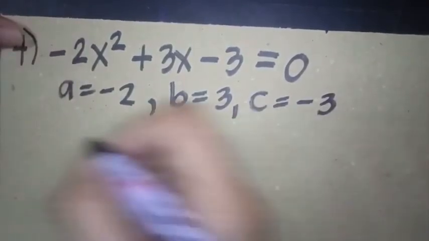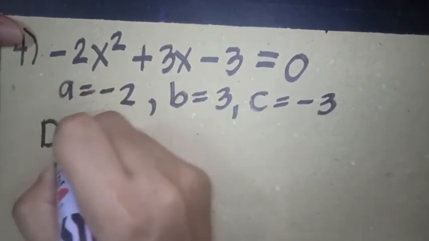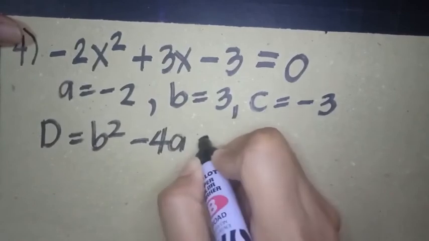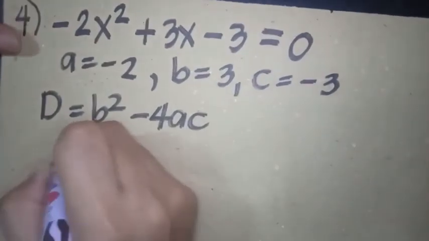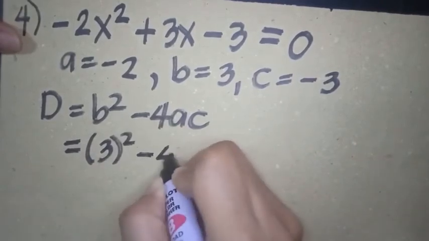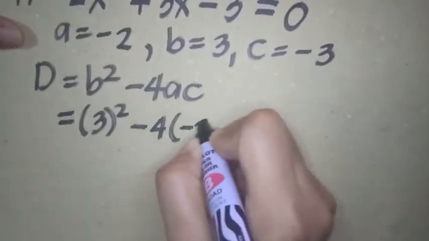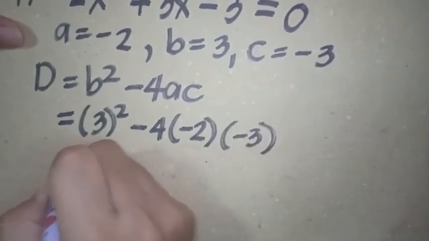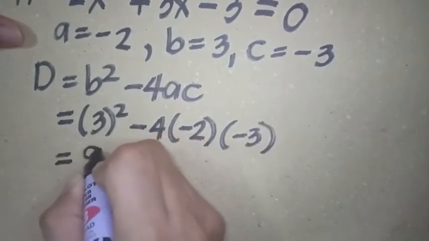So i-substitute natin itong values na to sa formula natin para sa discriminant, which is b squared minus 4ac. So we have 3 squared minus 4 times negative 2 times negative 3. Okay? So 3 squared is 9.